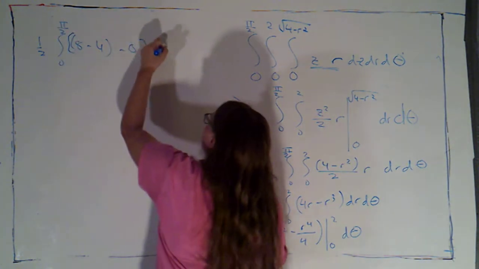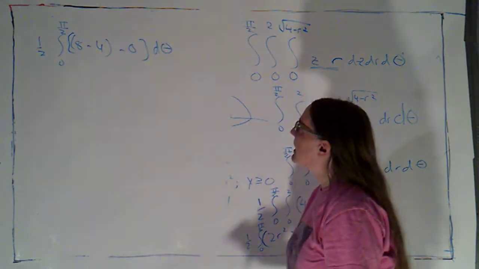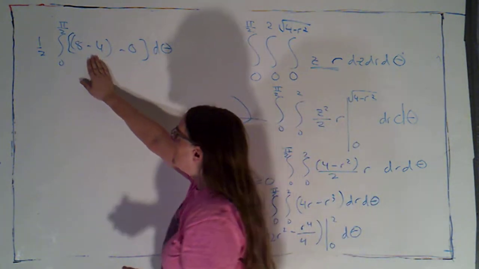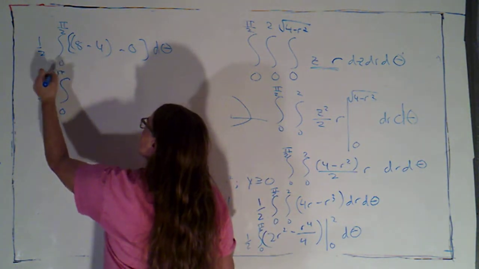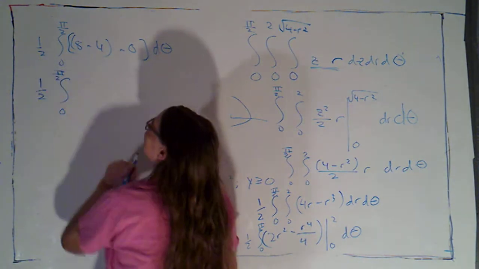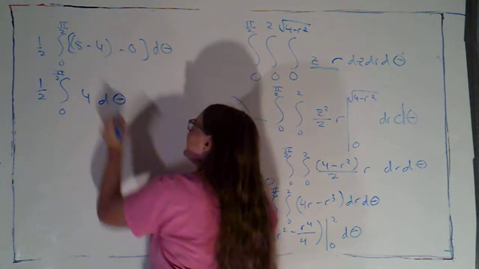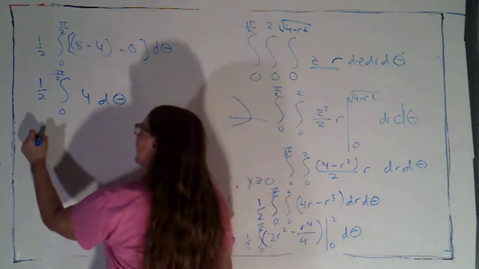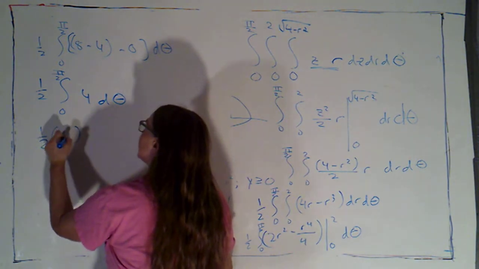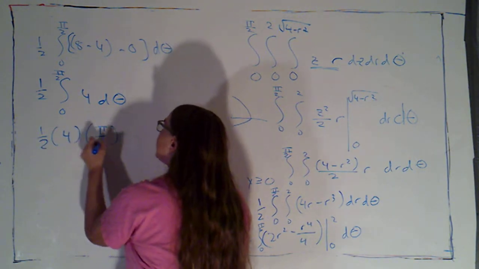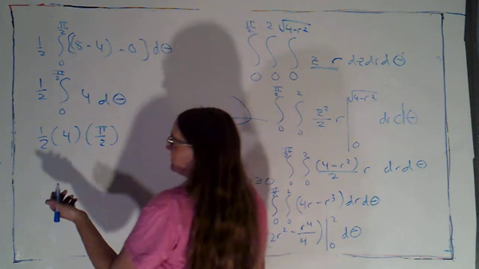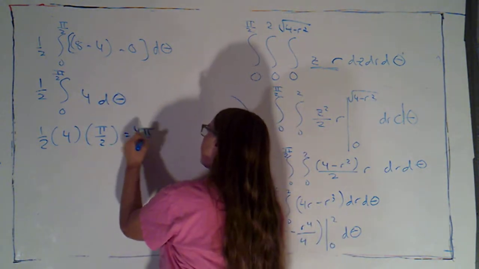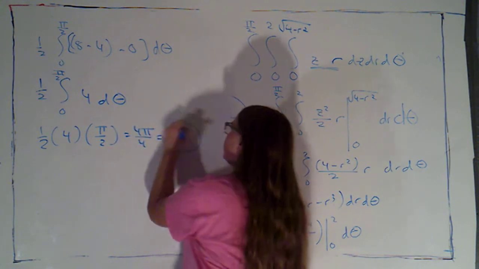And we've got to integrate that with respect to theta. So this is just 4, so we're integrating a constant. It's 1/2 times the integral from 0 to pi over 2 of 4 d theta. When I integrate that constant, I'm just going to get that constant times the length of the interval, pi over 2. So that's 4 pi over 4. That's just pi.